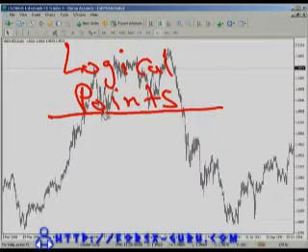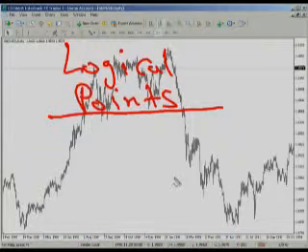Okay, remember that. Price is stopping. Now, there are several ways that we can find these areas. The first one, just like with the trend, is by simply using our eyes. Now, I'm going to point out a few of these logical points for you, and then we're going to get in a little bit closer and start to look at how some of these logical points can help us to trade.